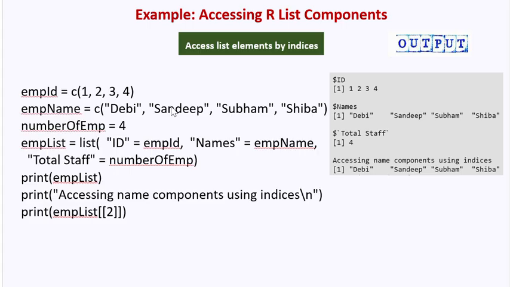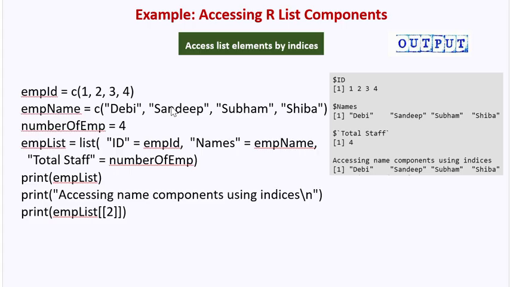If I need the name, the index value for the name is 2, because in R programming the index value never starts with 0, it always starts with 1, which is explicitly different from other programming languages.